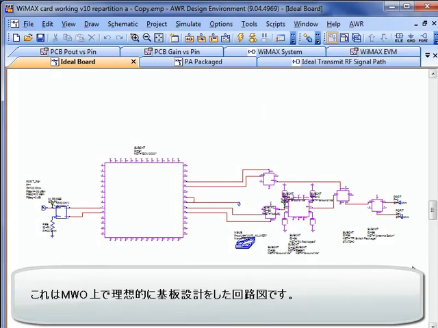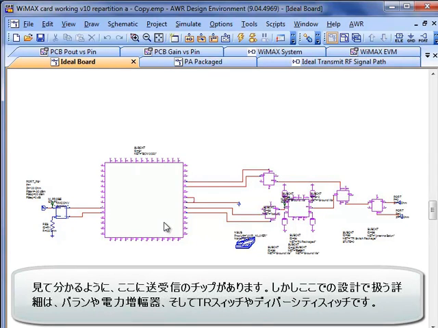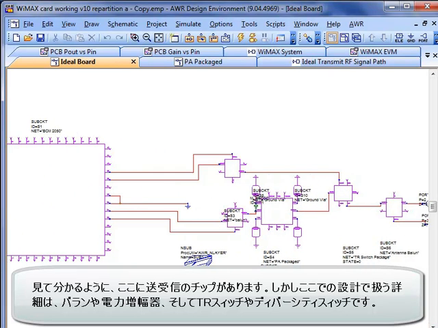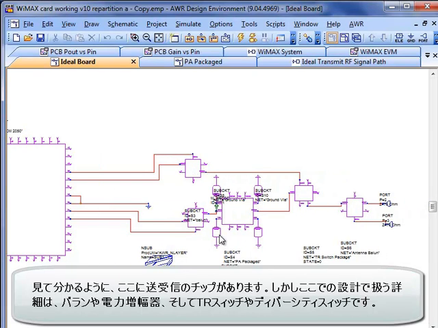So here's our ideal board design in Microwave Office. As you can see, there's a transmit receive chip over here, but really the details of our design are over here that we want to focus on, where we have some baluns and our power amplifier chip, a TR switch and a diversity switch as well.